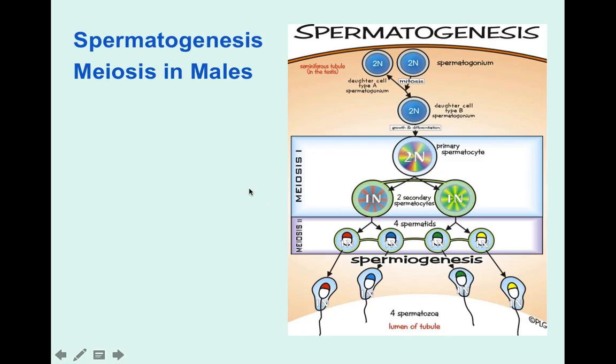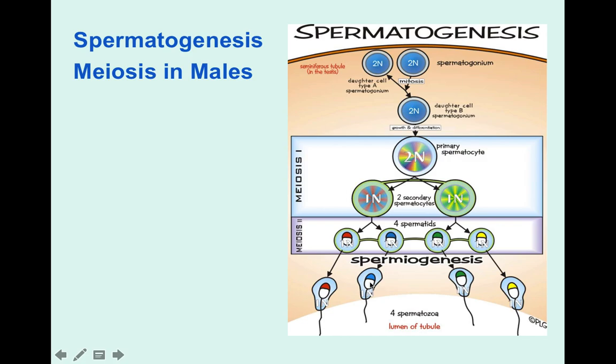Here's just a quick review of meiosis in males. We give it a fancy name because it's making sperm, so it's also called spermatogenesis. And remember, meiosis is when we take a body cell number of 46 and it gets divided twice through cell division to result in 4 cells which are haploid, 4 cells that only have half the chromosomes.